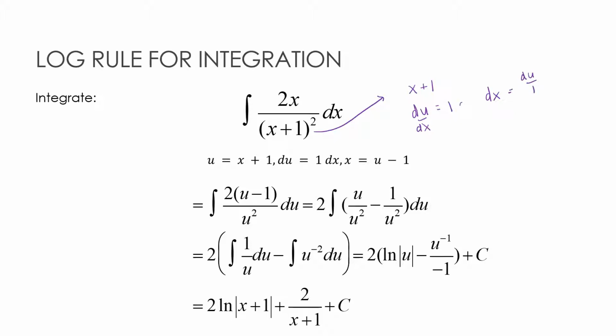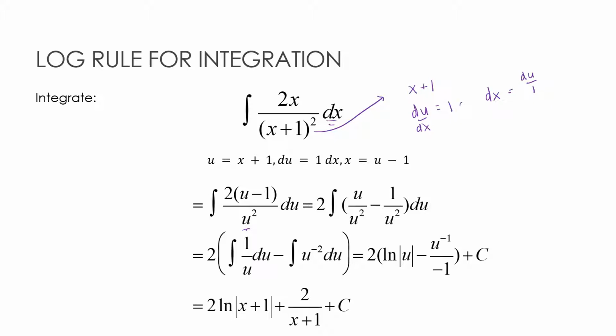And that's kind of what I've done here then, is I've replaced this guy with u squared. I've replaced this guy with 1, or du. So notice I didn't have to put anything on the outside here. And then this guy was 2, and then u minus 1.